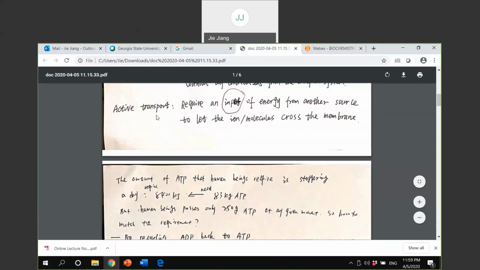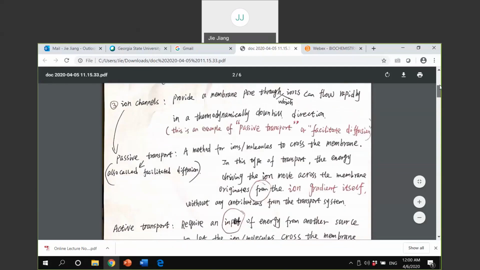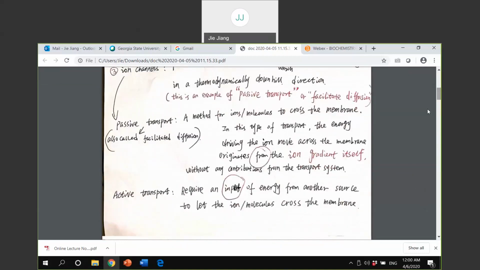In the other way, active transport requires an input of energy from another source to let ions and molecules cross the membrane, which means you do need to input energy.